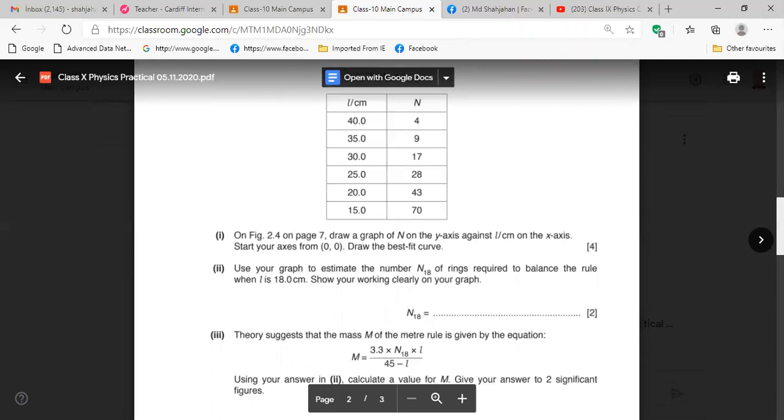So if there is 20, then you take 14 squares, and each two squares will be 10. Okay, two squares will be 10. Is it clear? Okay. Then your 14 squares will be 70. This way do.